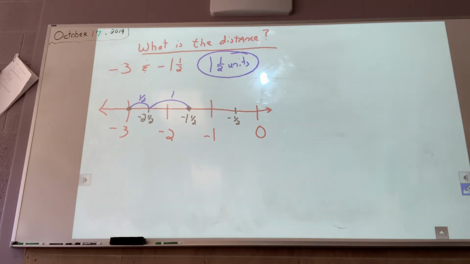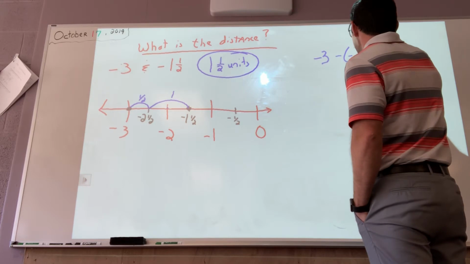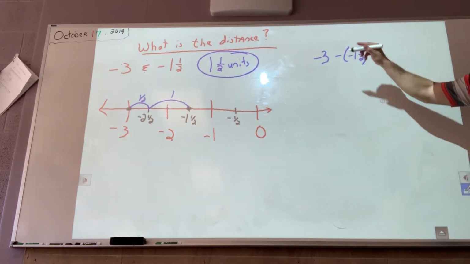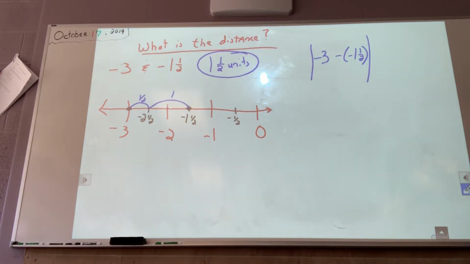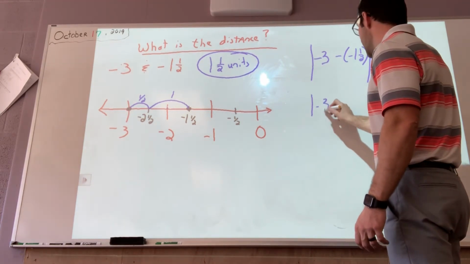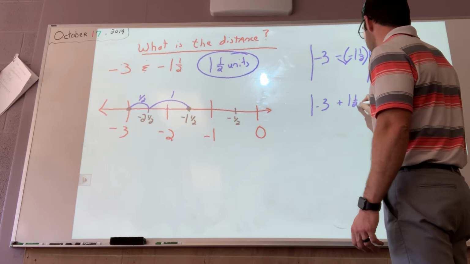Could we make this really difficult on ourselves? Absolutely. Could we say -3 minus -1.5? Absolutely. Because we know the distance is the absolute value of the difference. There's my difference, there's my absolute value. Now we would need to simplify it. So I'm going to do this a little bit quickly. I got -3. The opposite of a negative is positive 1.5.